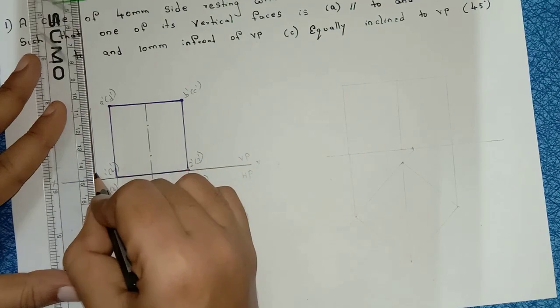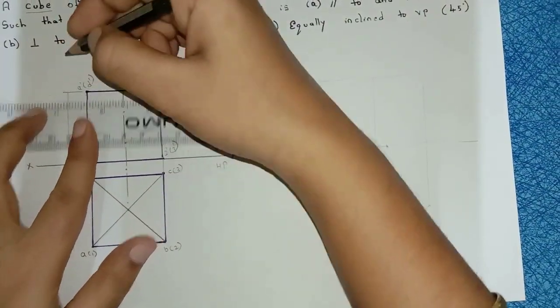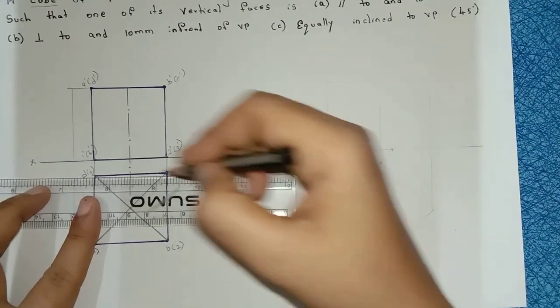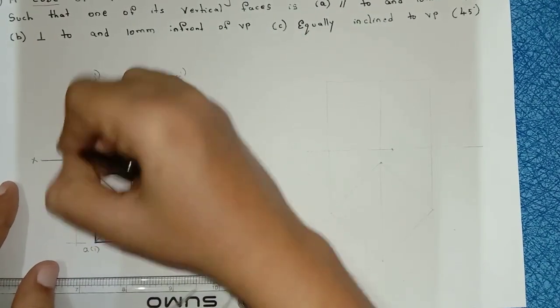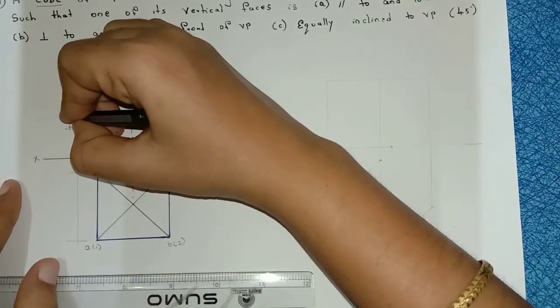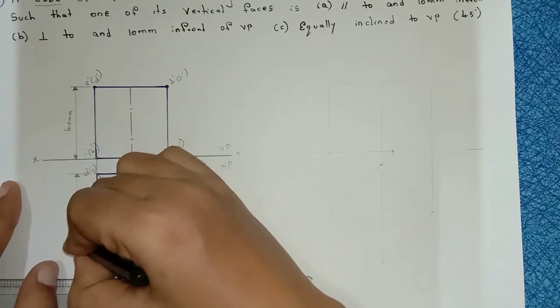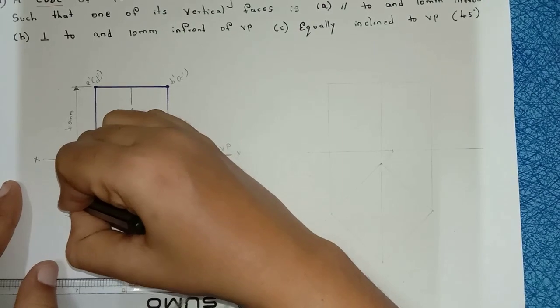Here length and height are both 40 mm, because we constructed a cube and all sides are equal.